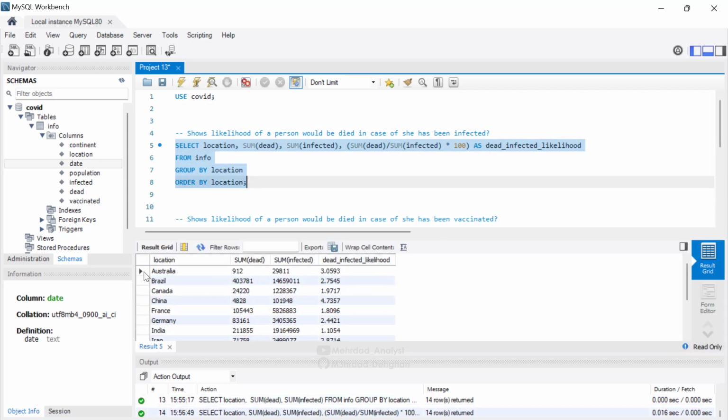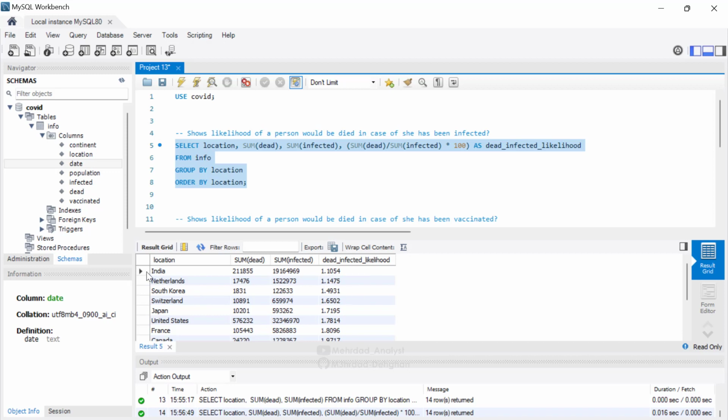Let's see the data. Yeah, for example, in Australia, per every 100 people that are infected by COVID, just 3 people died. But about India, it is very amazing.